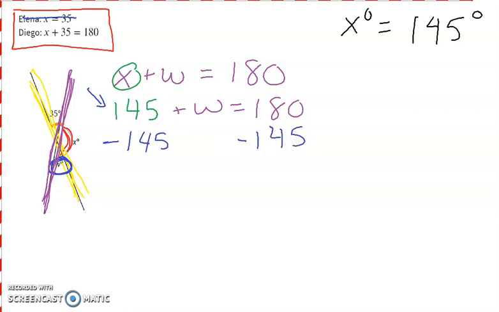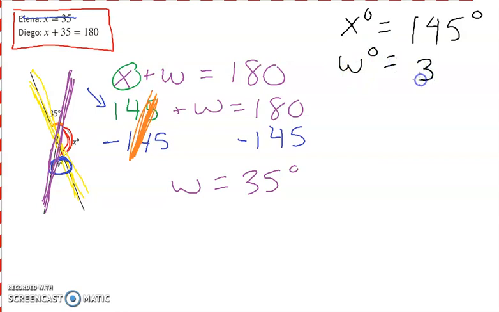So that effectively cancels that term out, because if you add 145 and then subtract 145, you get back to your original answer, leaving me with w equal to 35 degrees. So my final answers for this problem are x is equal to 145 and w is equal to 35.